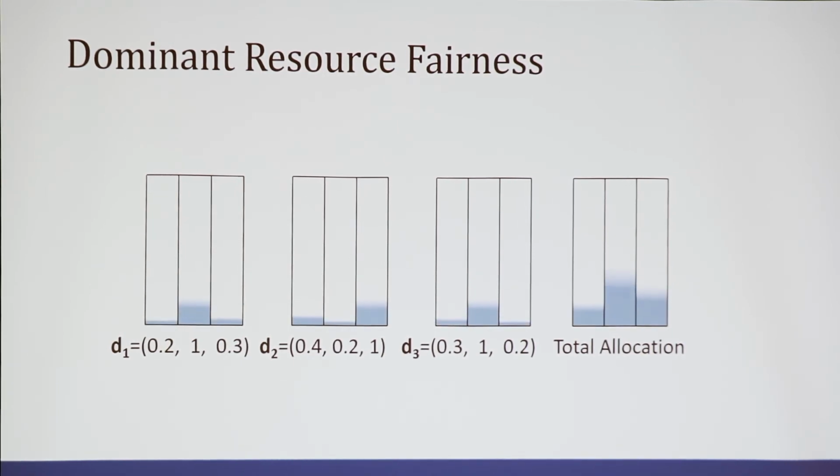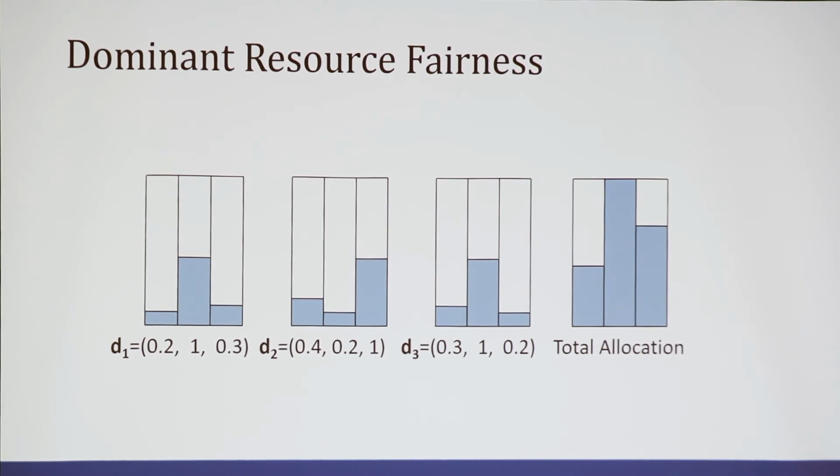Hopefully this animation is somewhat clear. You can see that the dominant resource for agent 1 is the middle resource, for agent 2 is the last resource, and for agent 3 is the middle resource. The heights of those dominant resource bars are equal, and we've filled up the allocations in proportion until we've run out of one of the resources.